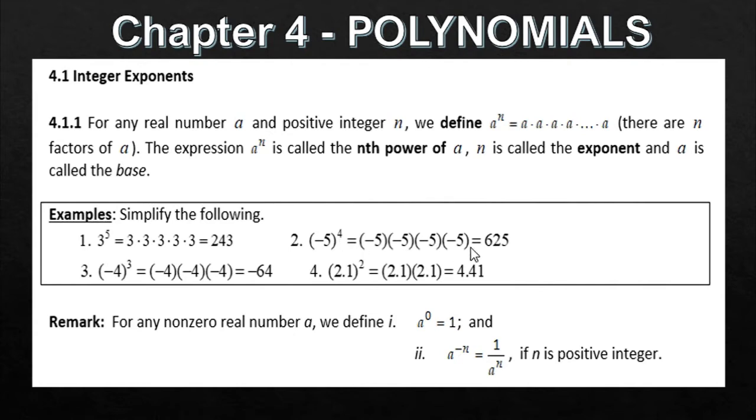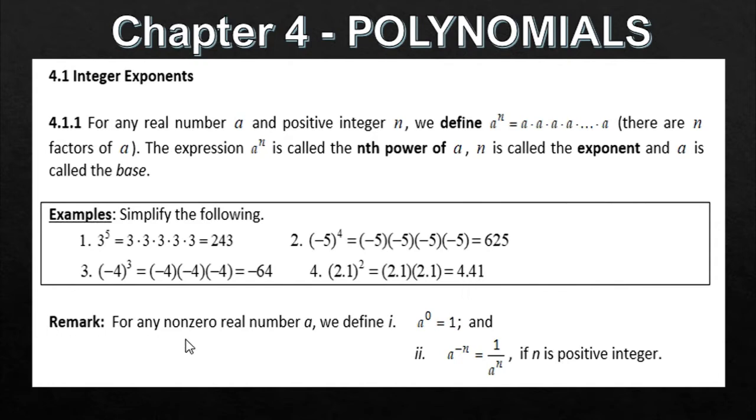So, the result of our answer is positive, even though the given is negative. In example number 3, the given is negative, but our exponent is an odd number. That is why the result is negative. The last example, 2.1 squared. So, we multiply 2.1 twice. 2.1 times 2.1, that is equal to 4.41.